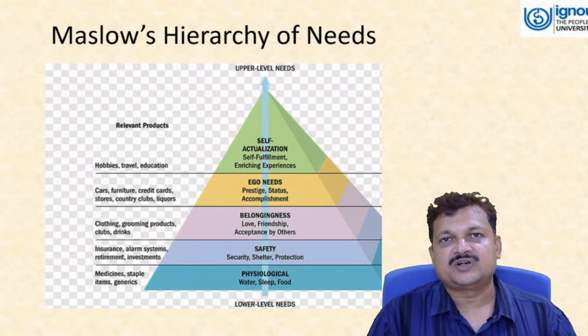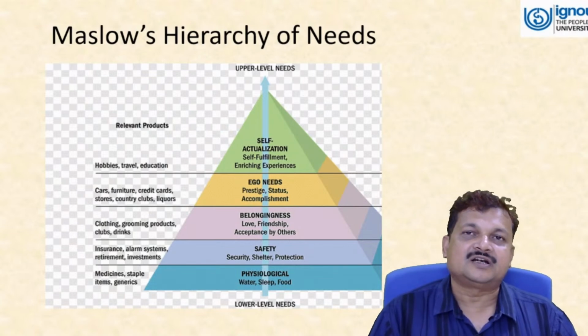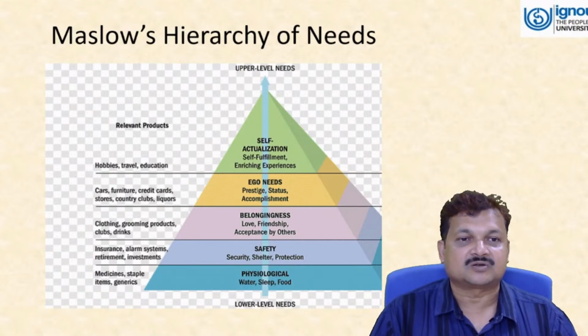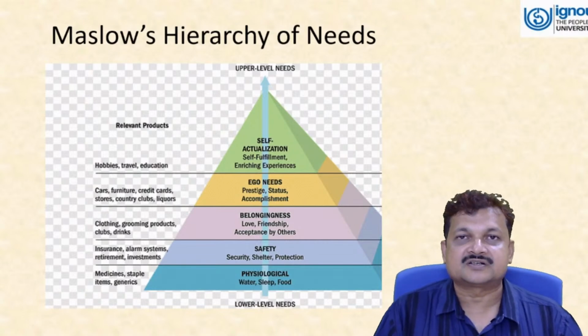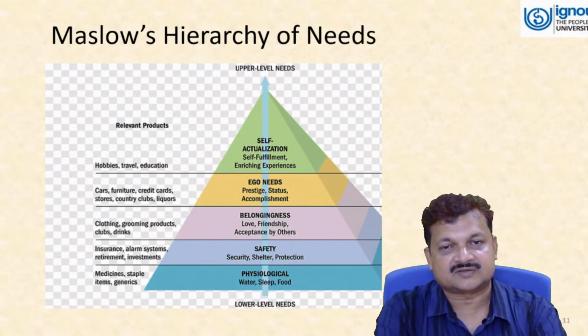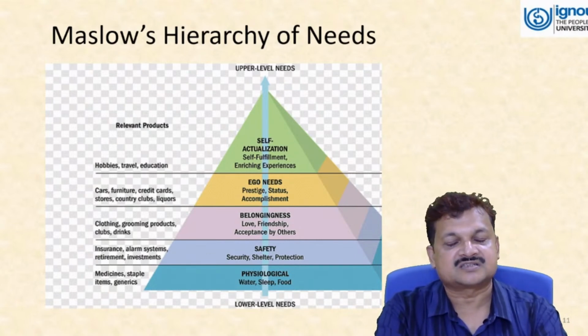And credit cards, we know it very well: gold cards, platinum cards, silver cards. These are all related to social class, what cards you have purchased or are holding. On the basis of that, you belong to that particular class. Then stores, country clubs, liquor bars, parlors, rich hotels. If you want to be a member of those hotels, that is also an esteem need happening.